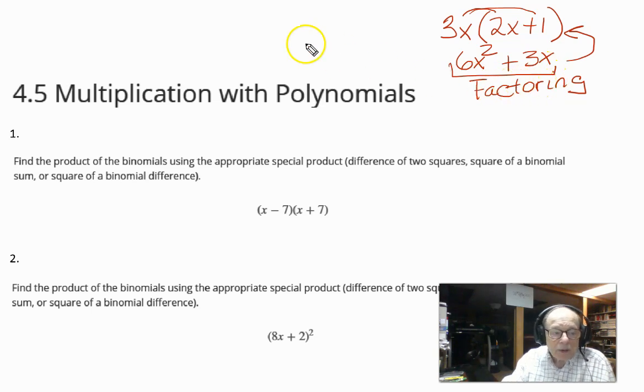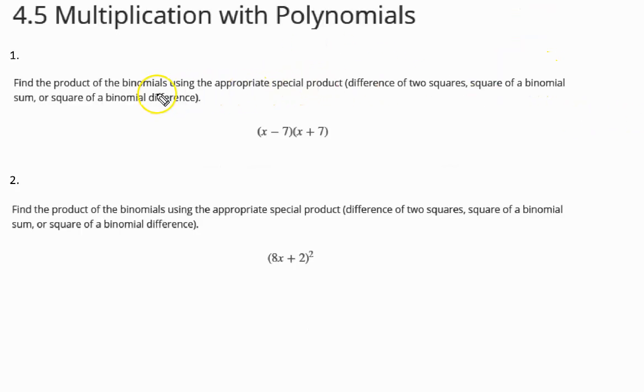So a little background. Now, as we look at the material given here, they're going to show us a number of different special products. The difference of two squares, the square of a binomial, the binomial differences.